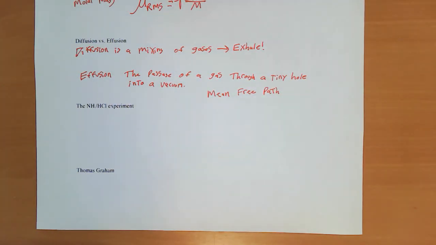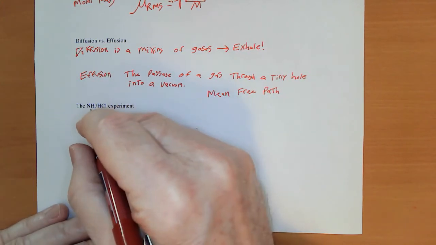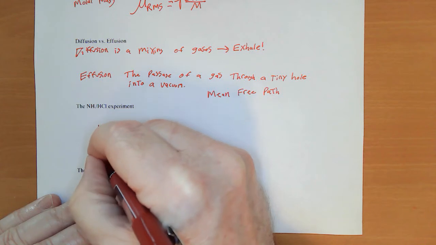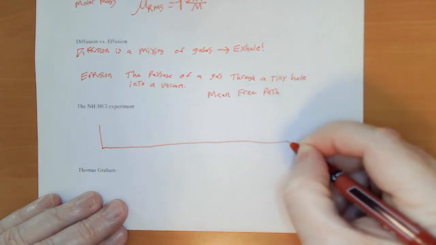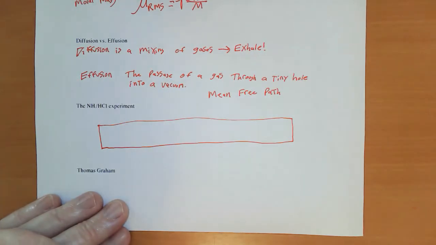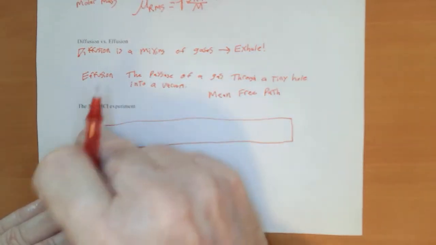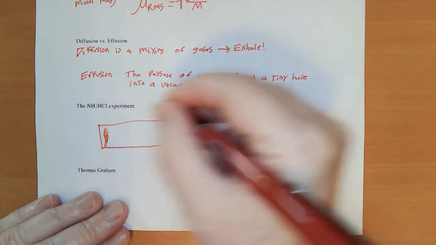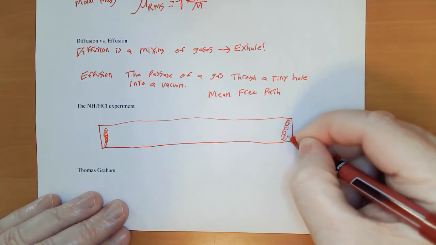Okay? Now, this is illustrated beautifully by the NH3 HCl experiment. Okay? This is one we would have set up in class for sure. You can find it on YouTube. We take a nice glass tube and we're going to put cotton balls in either end.